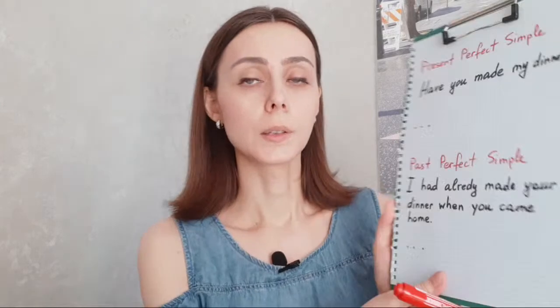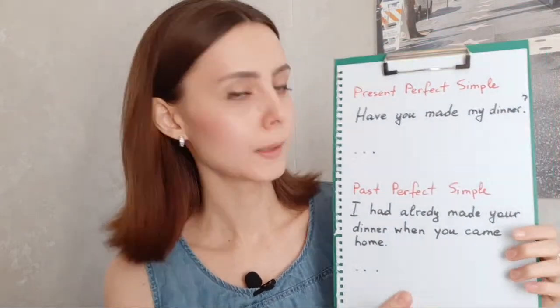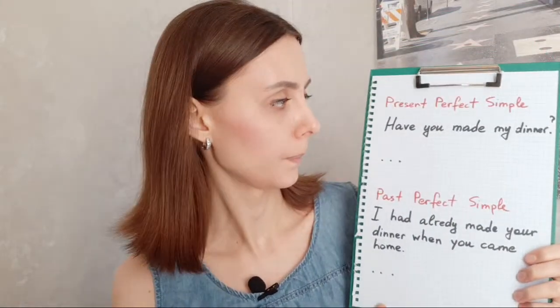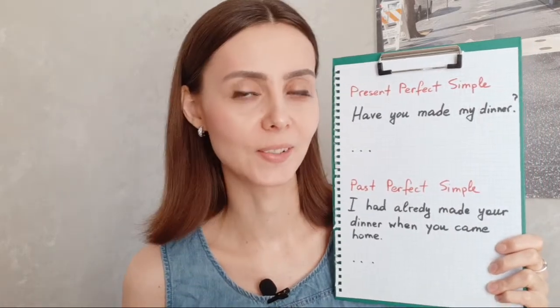So let's take a look at some more tenses. So here we have present perfect simple. For example, you have a question, have you made my dinner? But it's too personal, like you would like to make it indirect. So how will you ask this question in the passive?